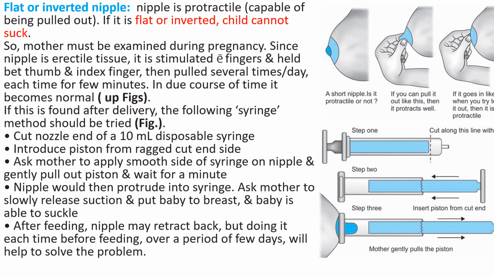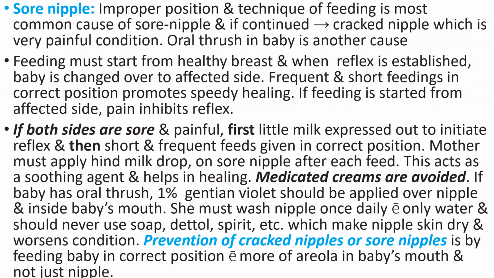Nipple would then protrude into the syringe. Ask mother to slowly release suction and put baby to breast. Baby is able to suckle. After feeding, nipple may retract back, but doing it each time before feeding over a period of few days will help to solve the problem.